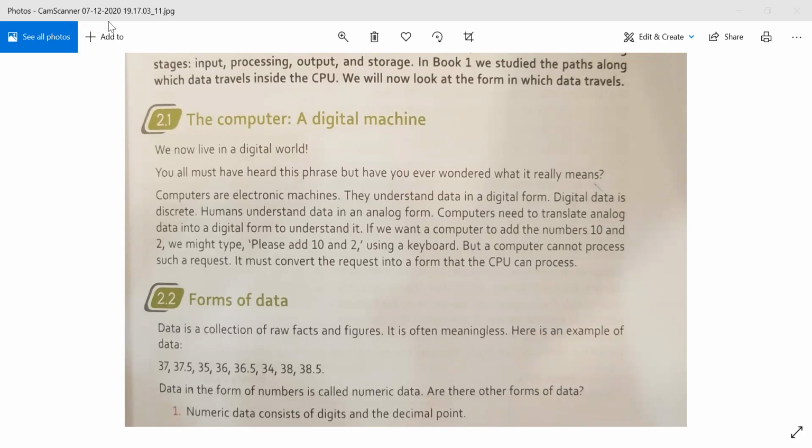We will write 10, put a plus symbol after it, and write 2 using a computer, right? But when a computer processes, it cannot process according to our language, according to our form. It will process into a digital form first of all, and then the CPU can process the desired product and show it on our screen.